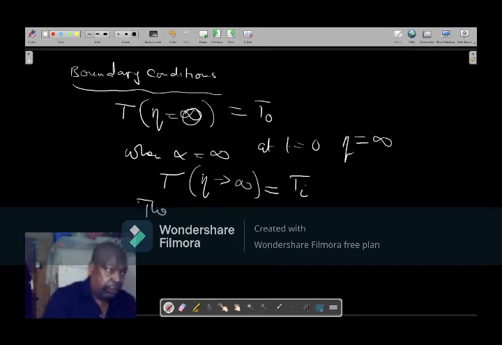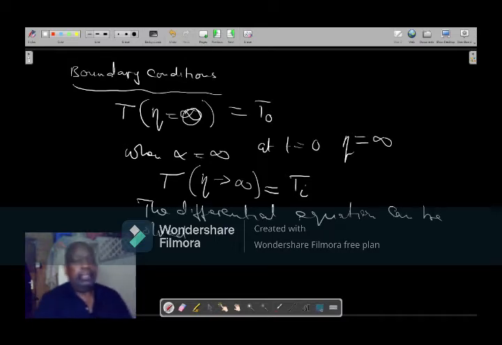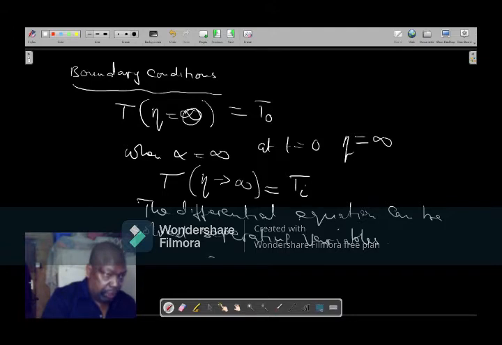The differential equation can be solved by using the D operator method. Solve it by separating variables. So we have d squared t by d eta squared equals minus 2 eta dt by d eta.